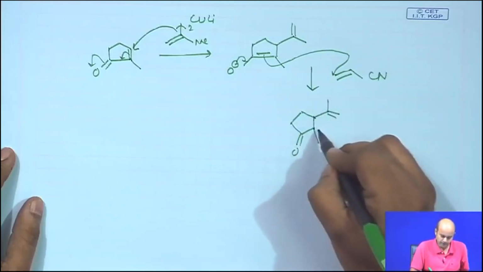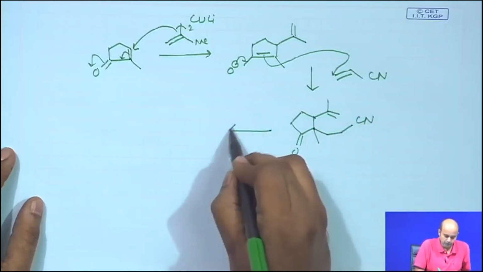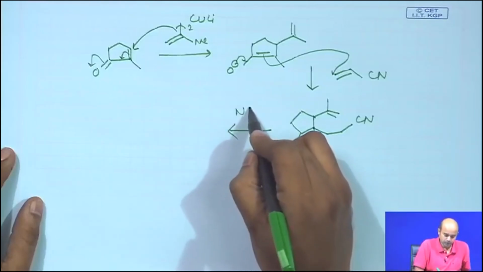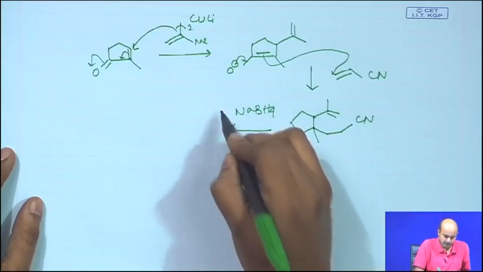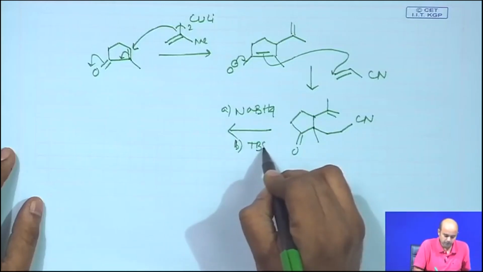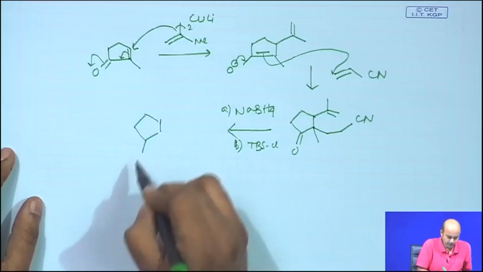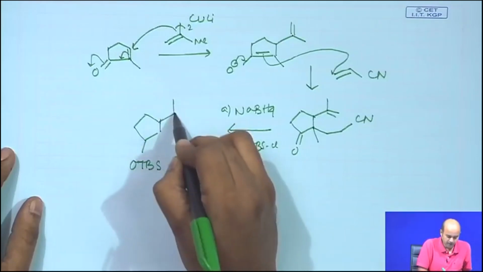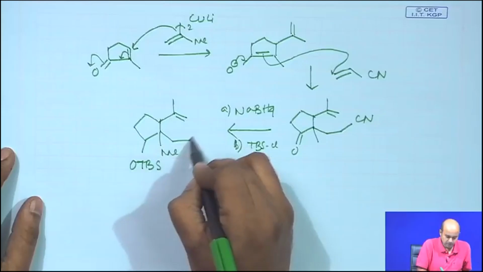This part is similar, your CH2CN, and in the final target this ketone was not like this, it was kept protected. So, what you do is use sodium borohydride, which will reduce the ketone, and as step B, you protect it with TBS chloride. So, you get an OTBS.